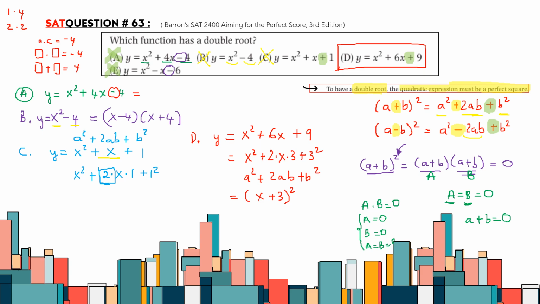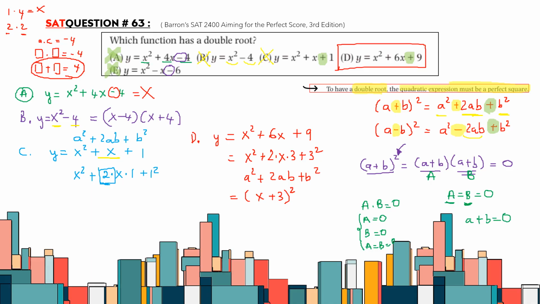Then it's 4 minus 1 is 3, or 1 minus 4 is -3. You don't get them to add up to 4, right? So you cannot factor this one, so it's not a perfect square at all.